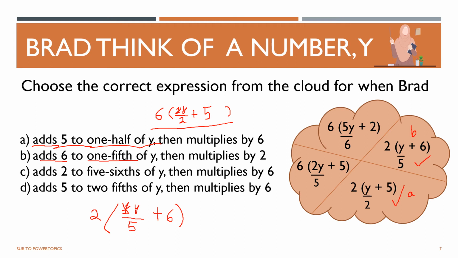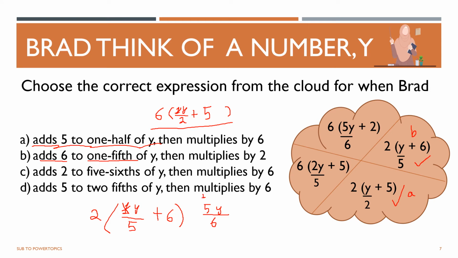Let's move on to C. Brad adds 2 to 5/6 of y. 5/6 of y. So we cannot cut the 5 here because it is not 1.